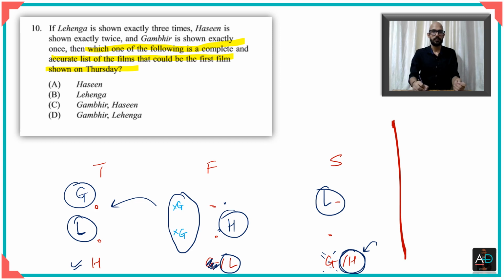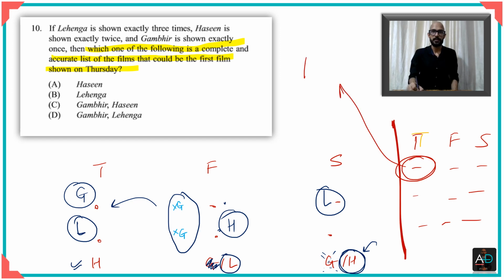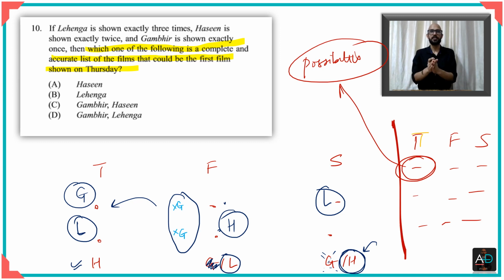Okay, so you have Thursday, you have Friday and your Saturday. Each one of these has a first, second and third slot. Now what the question is asking you is, what are the possibilities? Okay, what are the possible outcomes? What are the possible movies that you can have on the first show of Thursday?